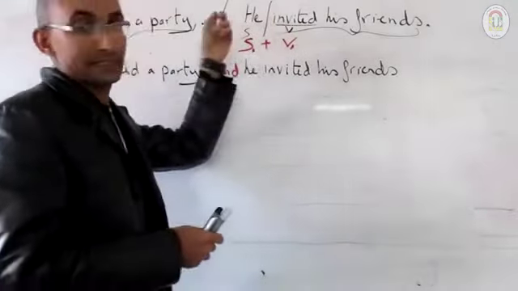So in English, this part of a sentence, which consists of subject plus verb, and is meaningful by itself and complete in meaning, is called an independent clause.